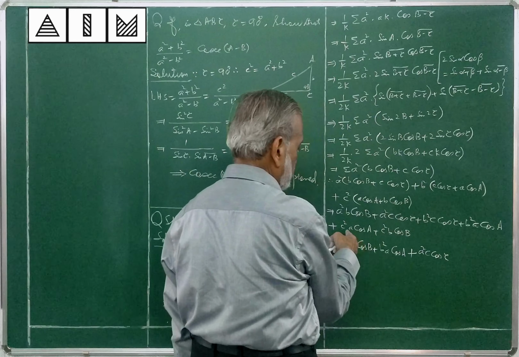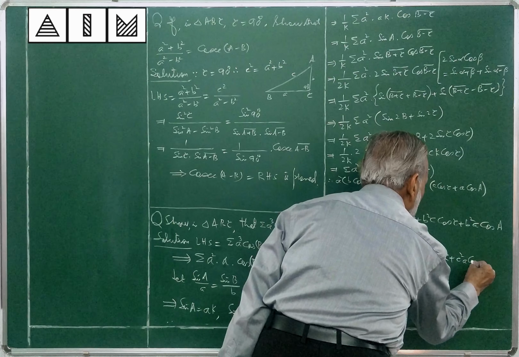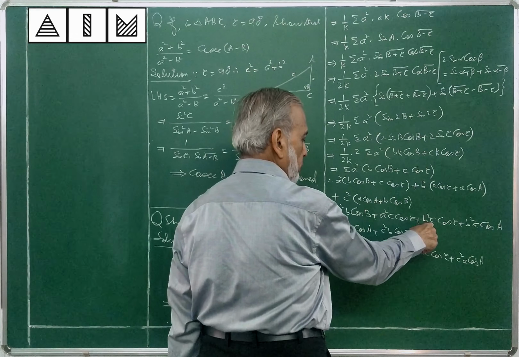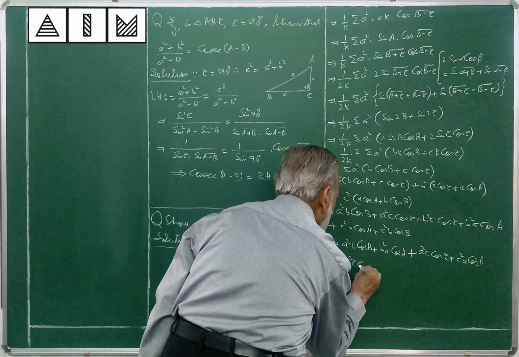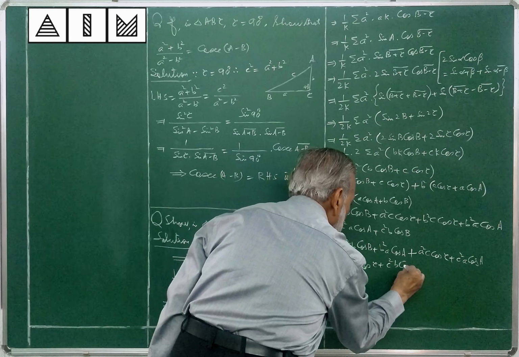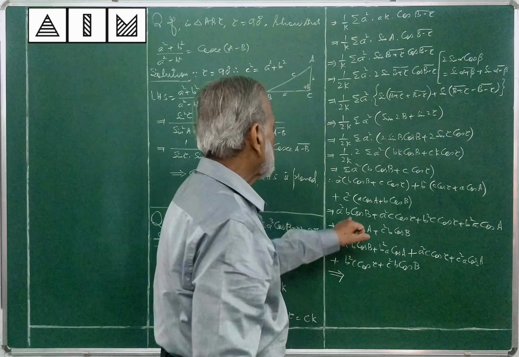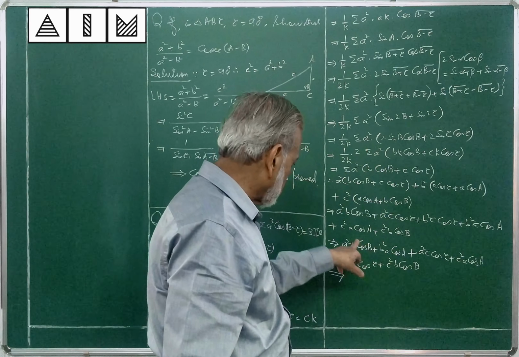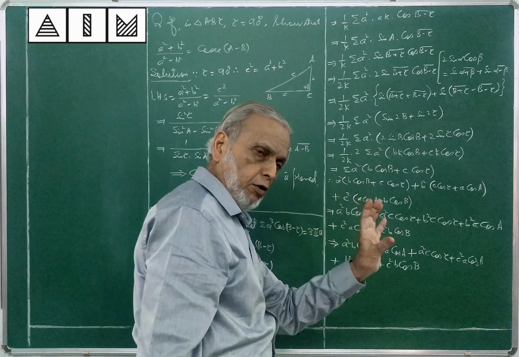A square c cos C, c square a cos A. And the remaining terms, b square c cos C, c square b cos B. A square b clubbed with b square a, a square c clubbed with c square a, b square c clubbed with c square b, suitable combinations.